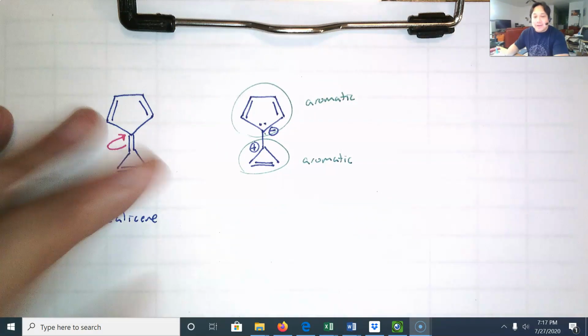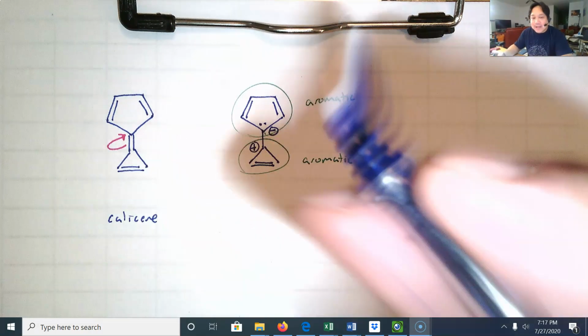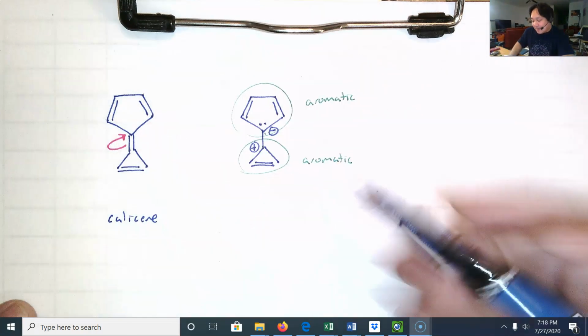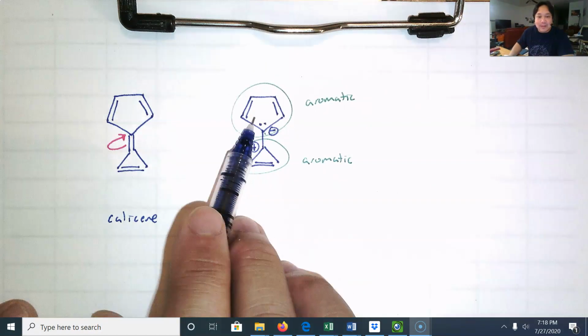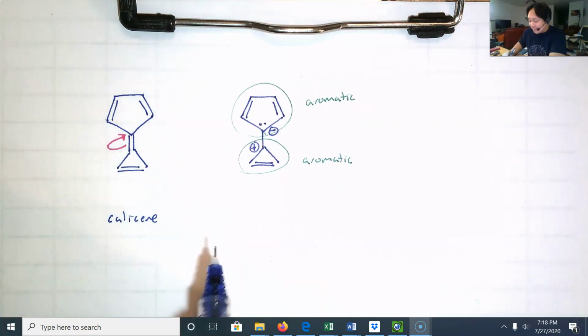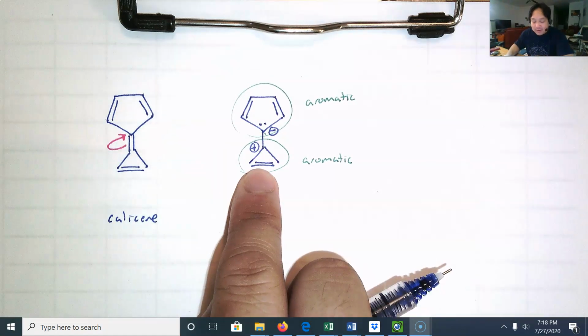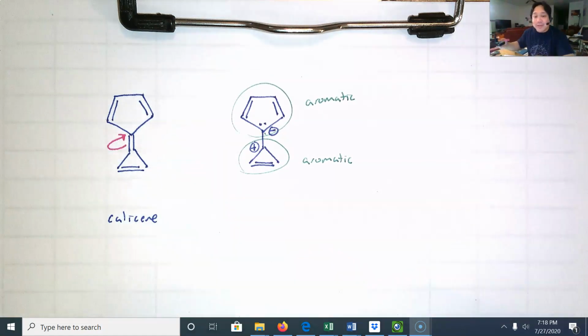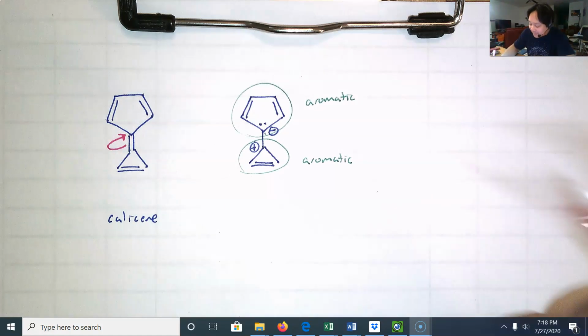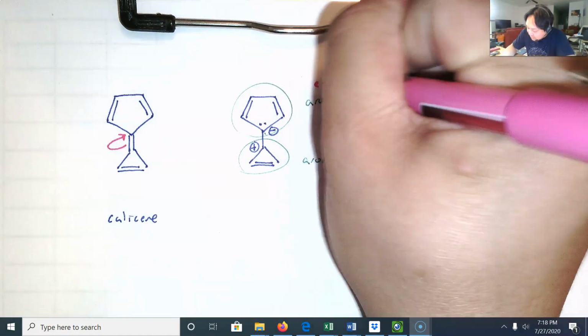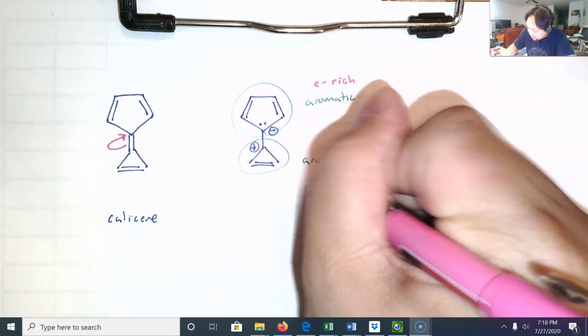The thing with this molecule is that in this chalice type molecule, the top ring is electron rich, right? Because we have an anion here. The bottom ring is electron poor, but in both cases they're aromatic. So this is electron rich, and this is electron poor.